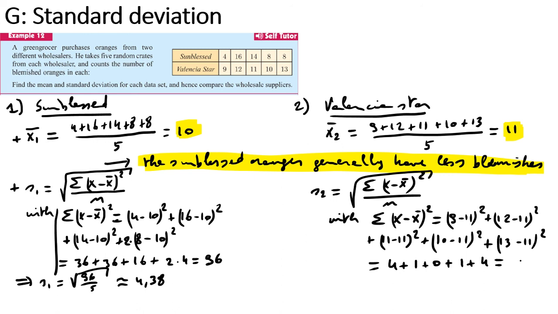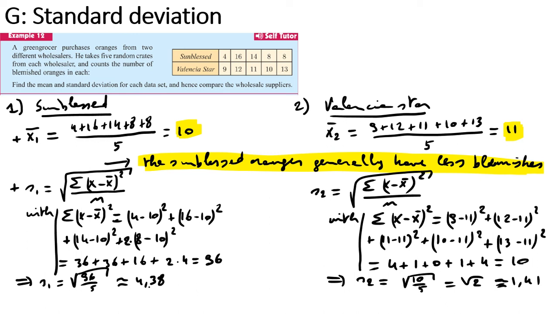So 4 plus 1 plus 0 plus 1 plus 4 is 10. So the standard deviation for the Valencia Star is equal to the square root of 10 over 5, which is the square root of 2, which is 1.41 approximately.